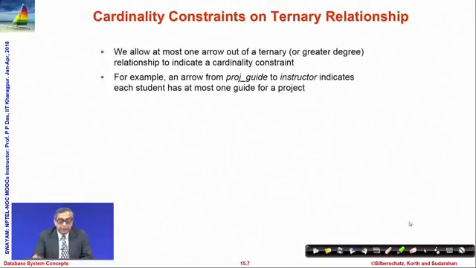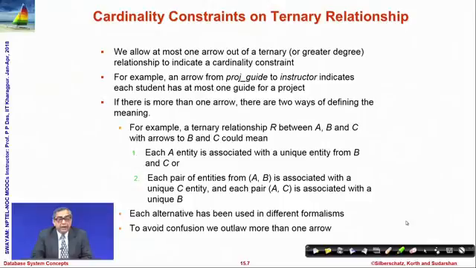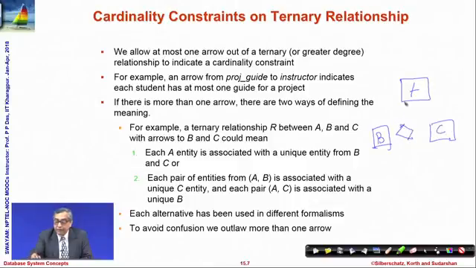For example, suppose we have a ternary relationship between A, B and C, and let us say we have more than one arrow, say an arrow to B and an arrow to C. The question is how we should interpret that.